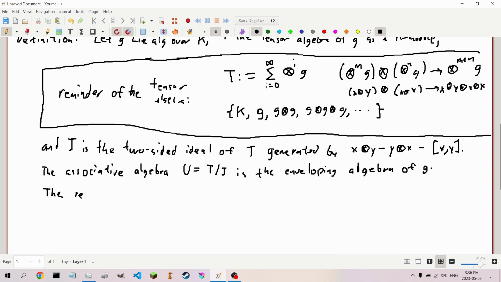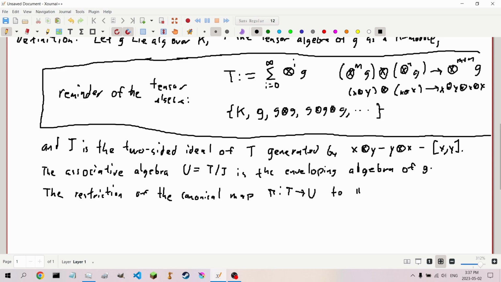The restriction of the canonical map, I'm just going to call it pi, I don't know if that's a good symbol to use or not. This is T onto U, which is obviously just sending elements of T to their equivalence class.